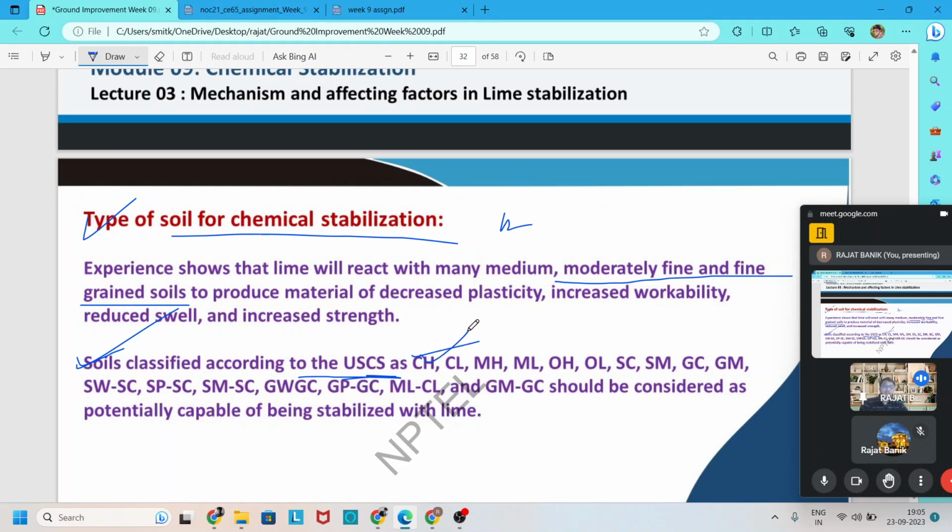CH means high plasticity clay, and CL means low plasticity clay. MH means high plasticity silt, high compressibility silt. ML means low plasticity, low compressibility silt. In that way, different soil types are suitable for lime stabilization.